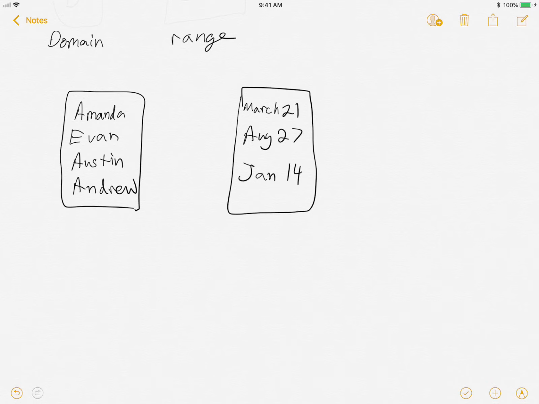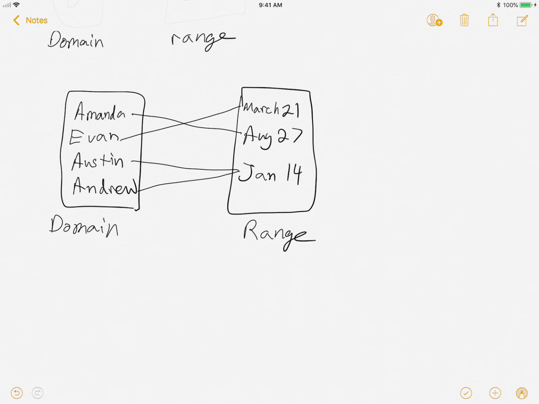And the relation between the people in the domain and the dates in the range is going to be birthdays. That's my sister's birthday. That's my brother's birthday. And me and Austin share the same birthday because we're twins.